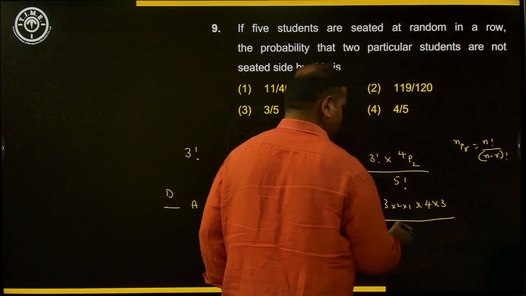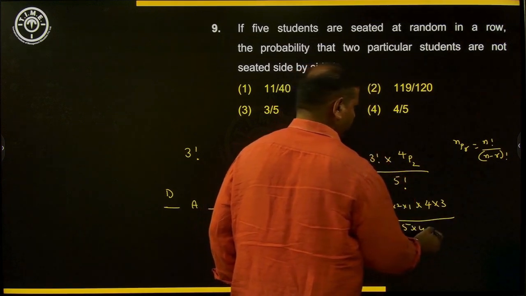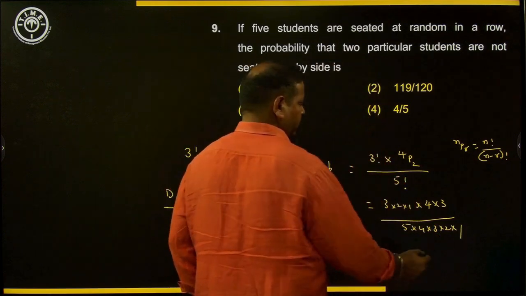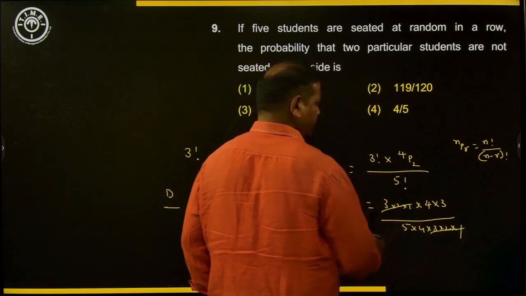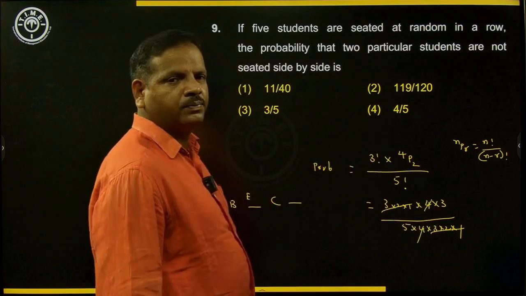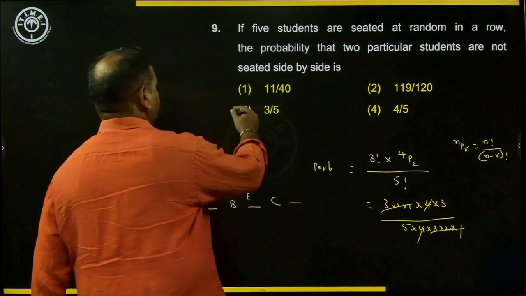Take 2 numbers back, otherwise 5 factorial is 5, 4, 3, 2, 1. Now 3, 2, 1 cancels, and this 4 also cancels. What is the answer now? 3 by 5. 3 by 5 is the answer.